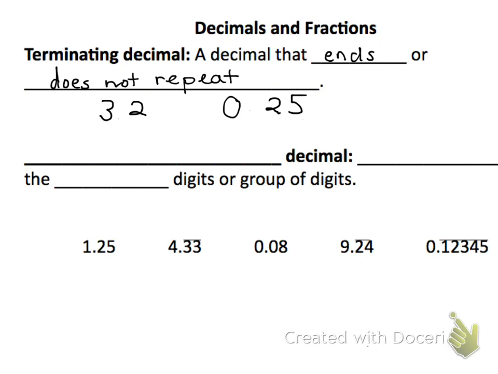The other type of decimal is a repeating decimal. It is a decimal that repeats the last digits or group of digits.